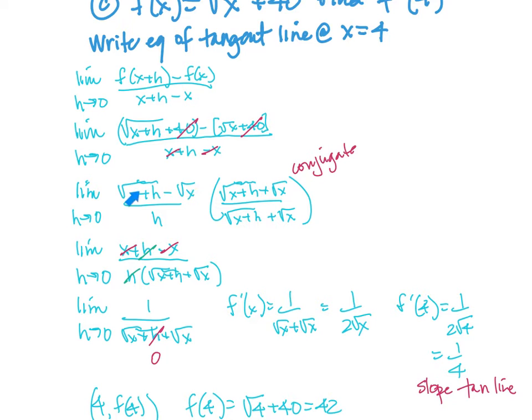Now, if you recall, when we multiply conjugates, the only thing that is left is the first and the last. So this would have an x plus h and a minus x. So when we do that, the x's go to 0.